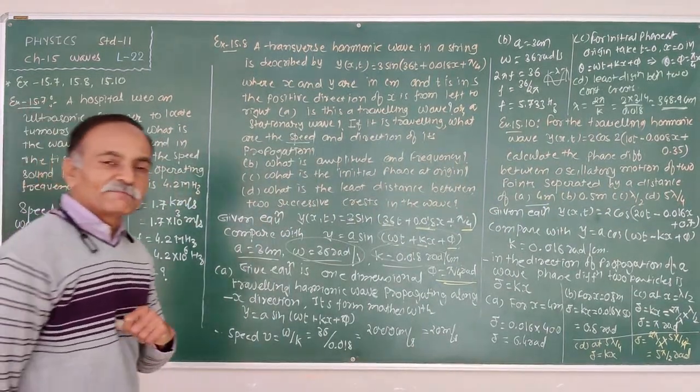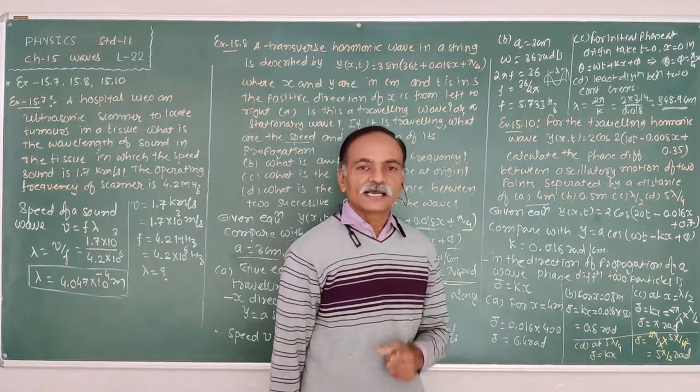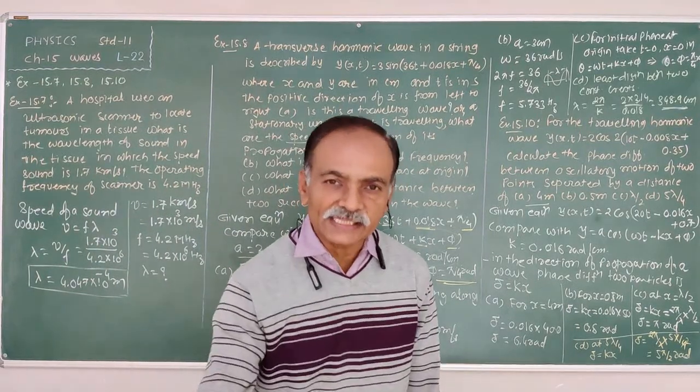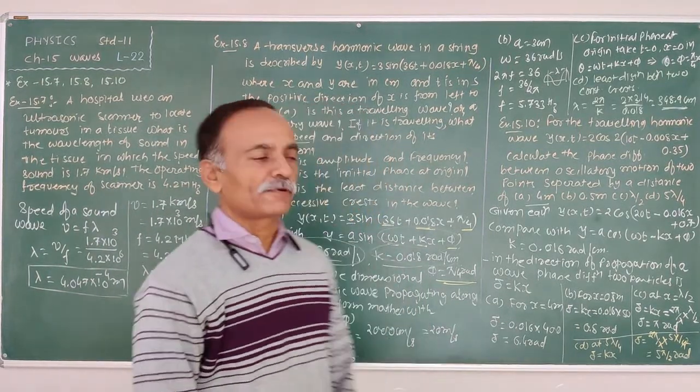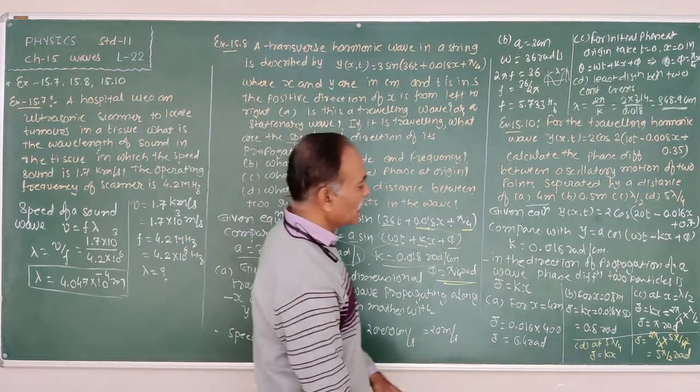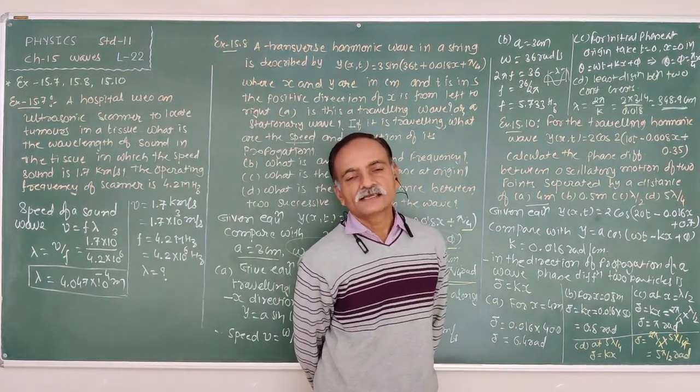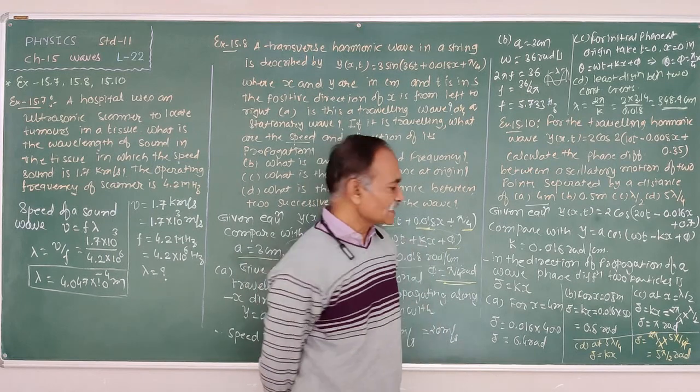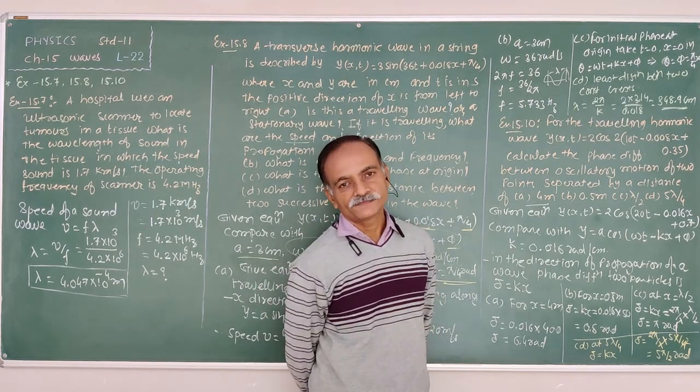Now, the phase difference between two points in the direction of propagation is delta is equal to k into x. K is the wave vector, x is the distance between them.